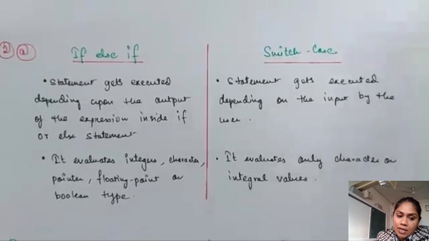The if else if evaluates integers, characters, pointers, floating point or boolean types. In case of switch, it evaluates only characters or integral values. There are many differences between both of them, but you need to attempt only 2.